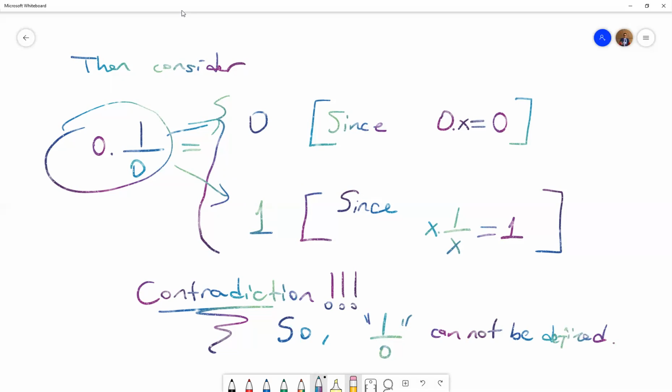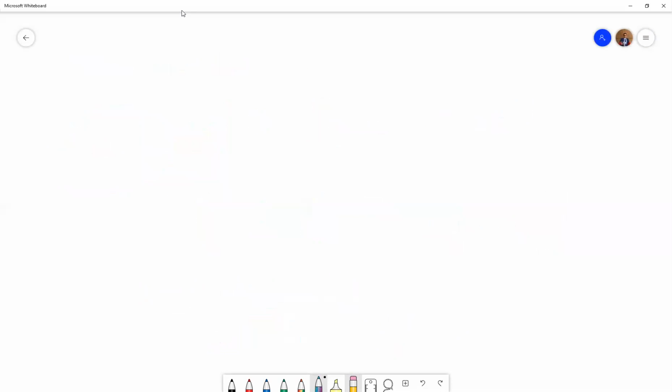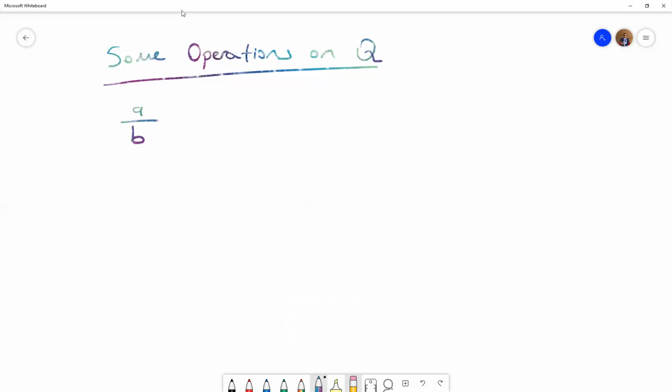Another thing: some operations on rational numbers, such as a over b times c over d is equal to ac over bd.